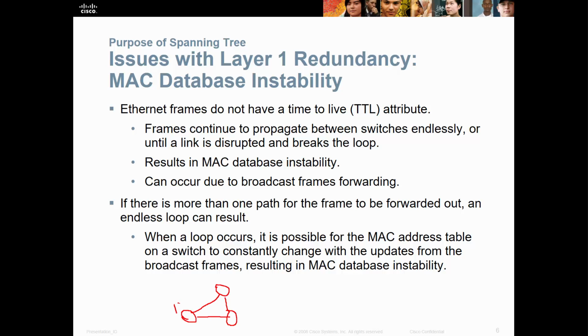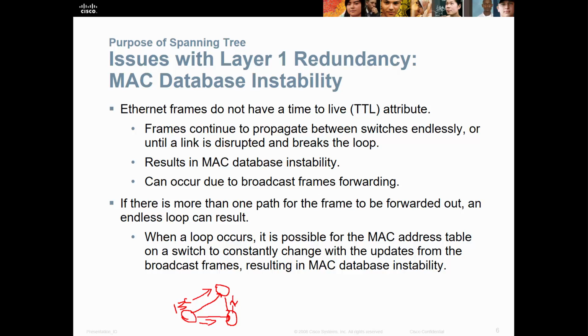What happens when a broadcast is sent from one switch to two other switches? A broadcast will be forwarded out all ports that it was not received on. So for this one, it will not be sent out that port, but it will be sent that way. This switch will not send the broadcast that way.